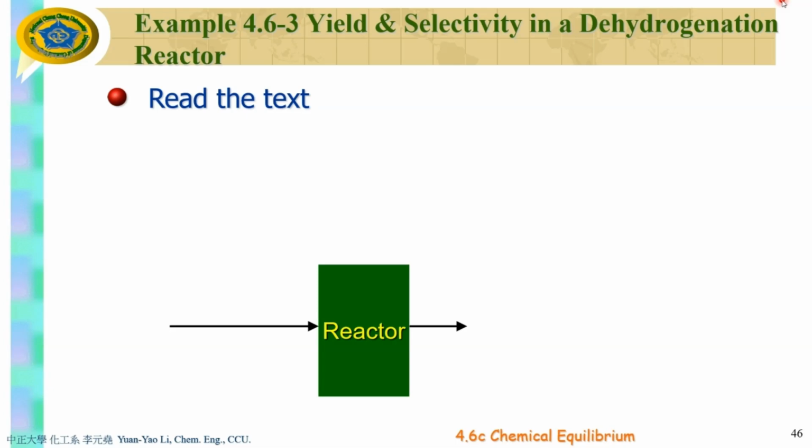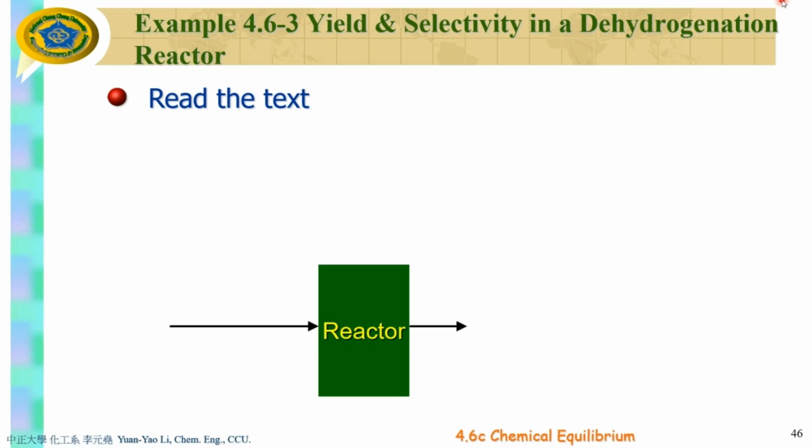Right? So this is what we call a specification. And first of all, you need to know the definition of the fractional conversion. Okay? And then the fractional yield of ethylene is 0.7471. Another specification, which is the fractional yield.